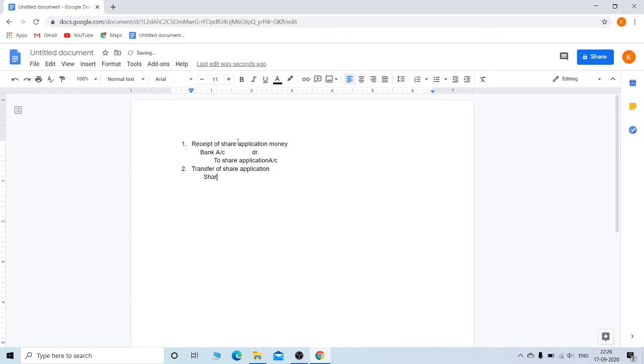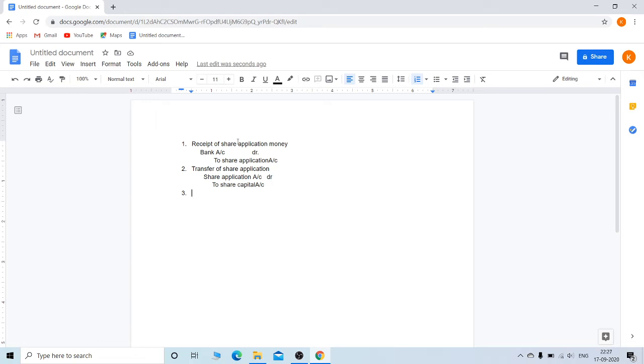Further, the entry will be share application account debit to share capital account. We debit the item which we are transferring. So here we are transferring share application money to share capital account, debiting share application money and crediting share capital account.